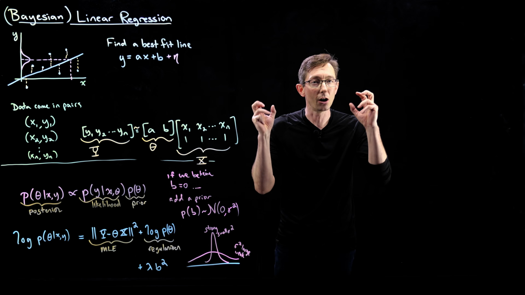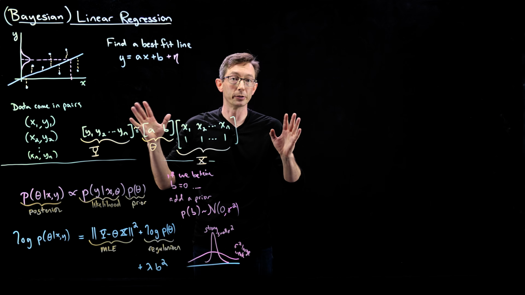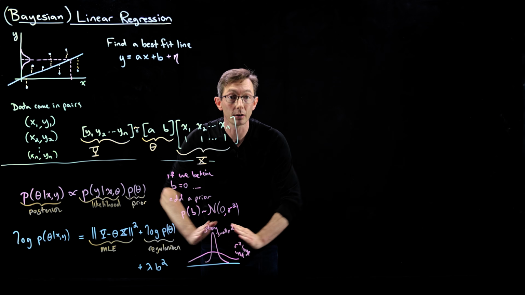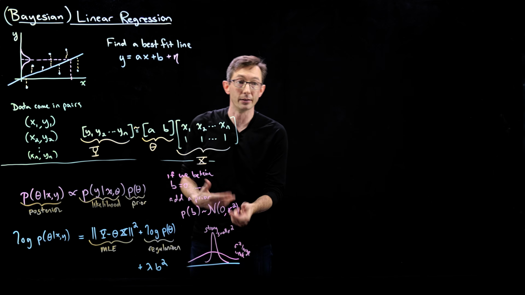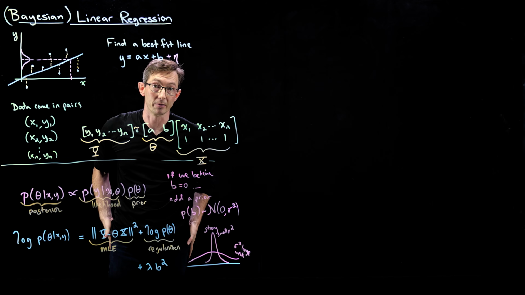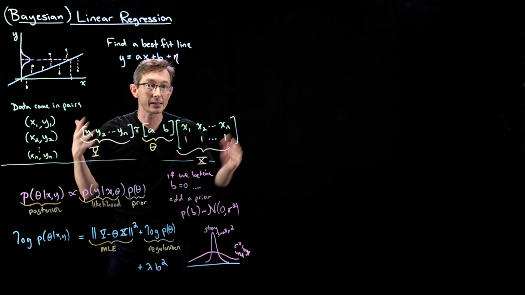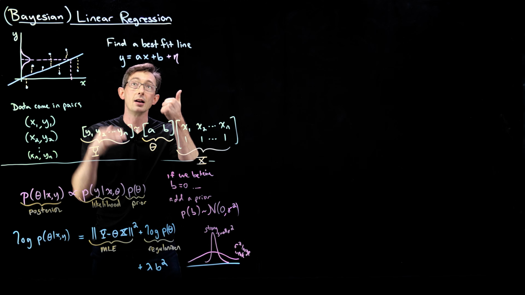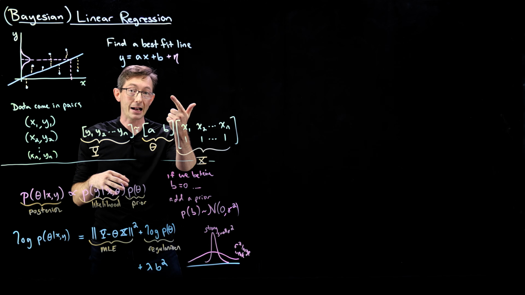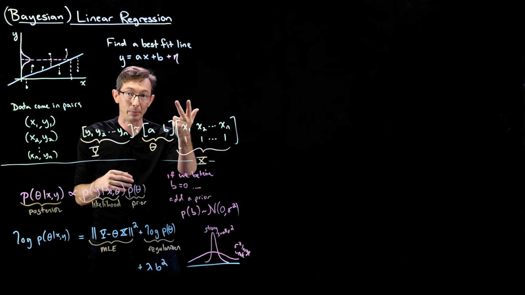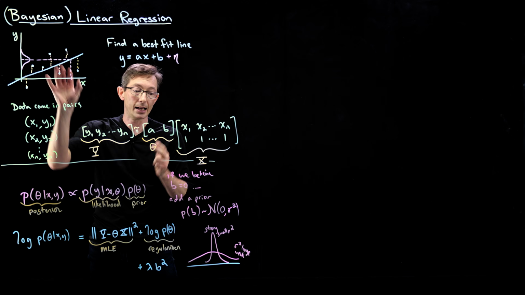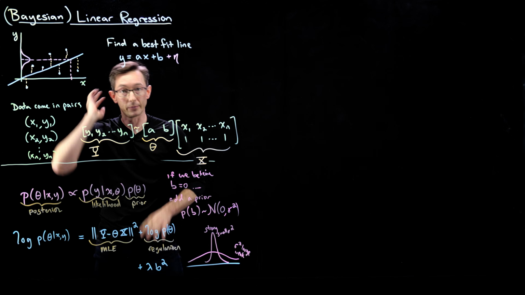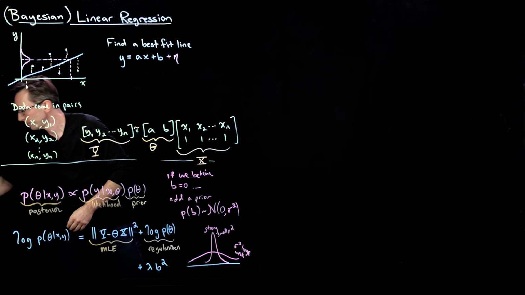And that's how we encode that we think b should be equal to 0. And how strongly we believe that is encoded in this variance, or sigma squared, parameter. Okay, so let's try this. Let's code this up in Python and see what happens. Let's compare classic least squares, maximum likelihood estimation, and MAP estimation on this data set with this prior. So that's what we're going to do right now.